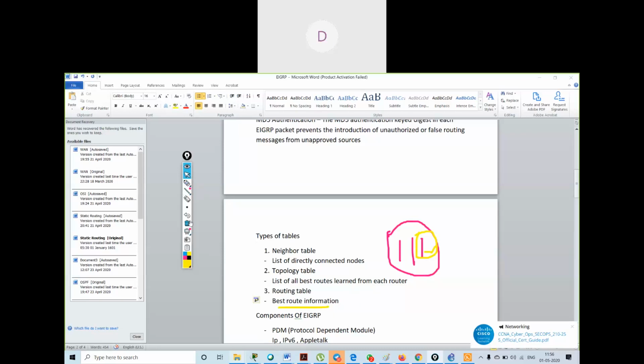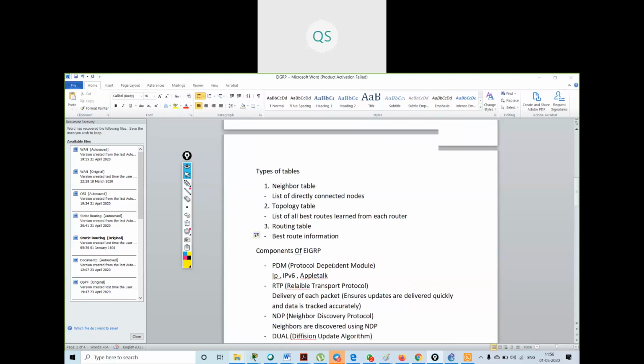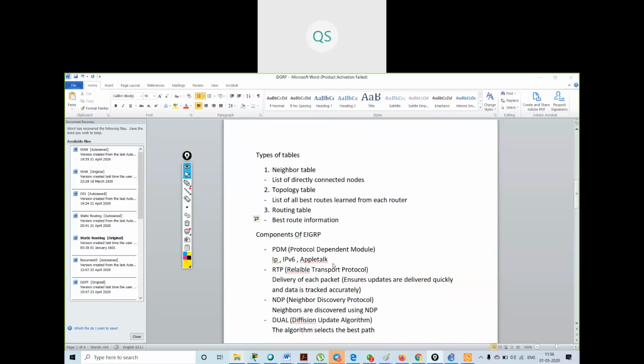So these are the EIGRP tables, and these are some components of EIGRP. There is nothing important in this. PDM, protocol dependent module, supports IP, IPv6, and AppleTalk. Then we have reliable transport protocol, RTP, which ensures delivery of each packet, updates are delivered quickly, and data is tracked accurately.